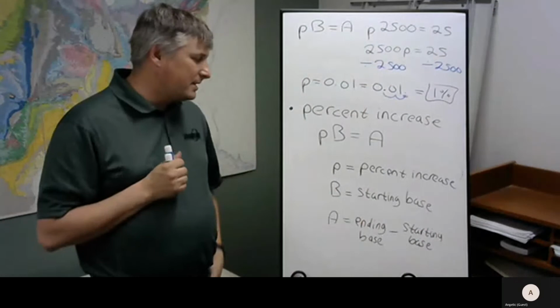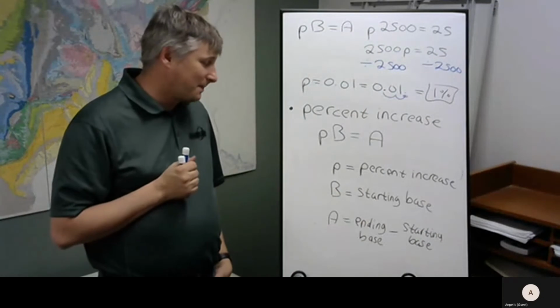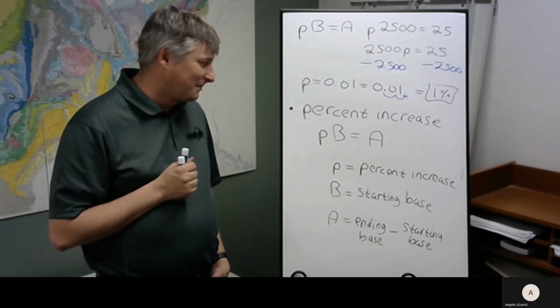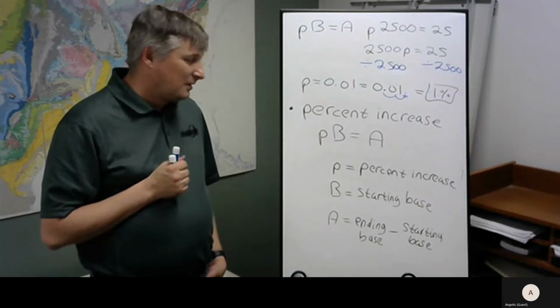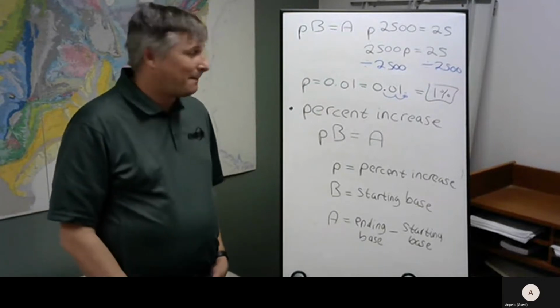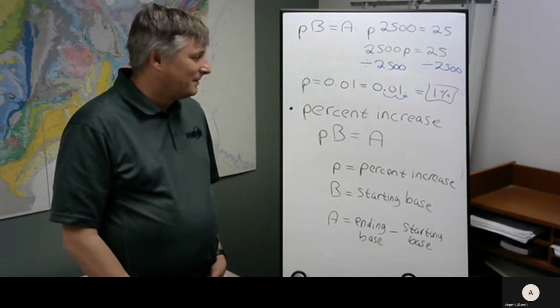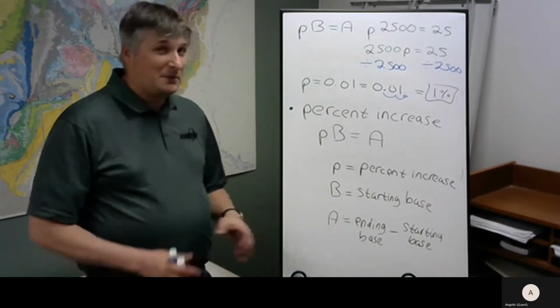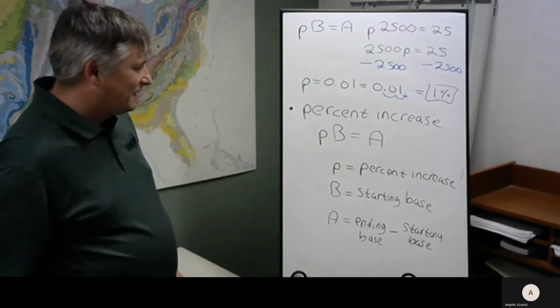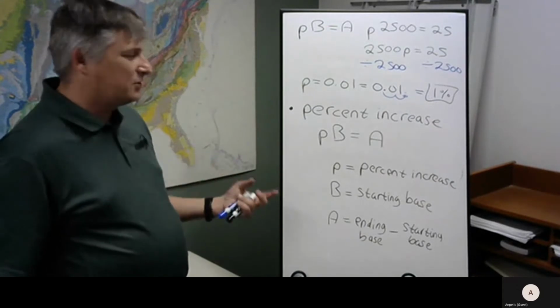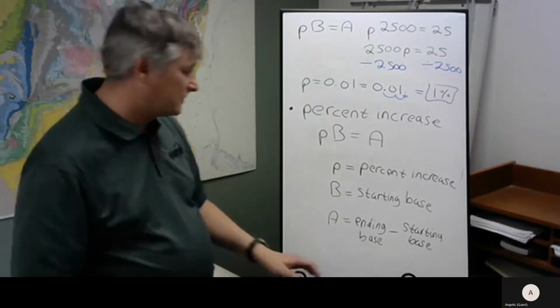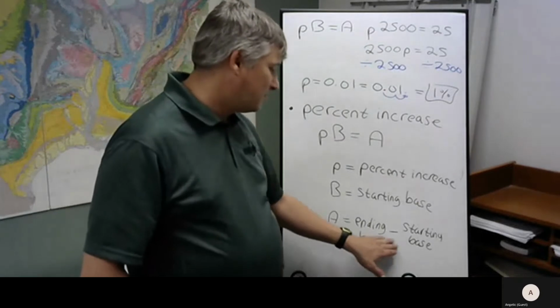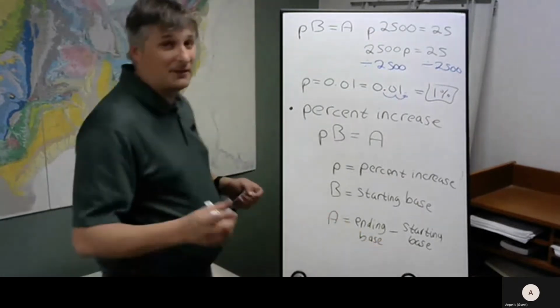It's going to be the ending base minus the starting base. So questions about that? So let me do an example on this. And there's a slightly different change for percent decrease. The difference is we'll just have a starting base minus an ending base. And we'll get to that in a second.